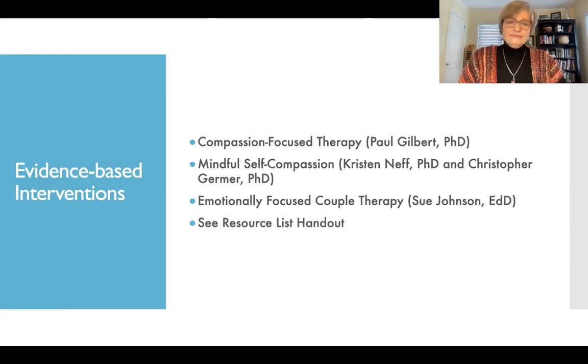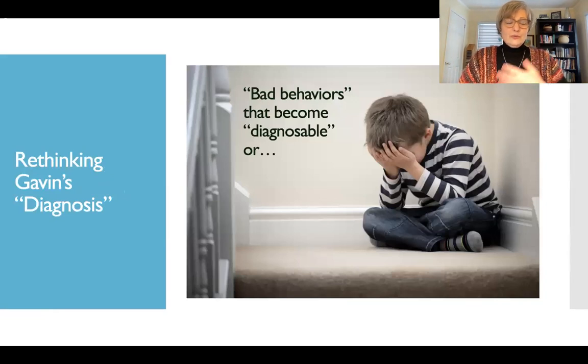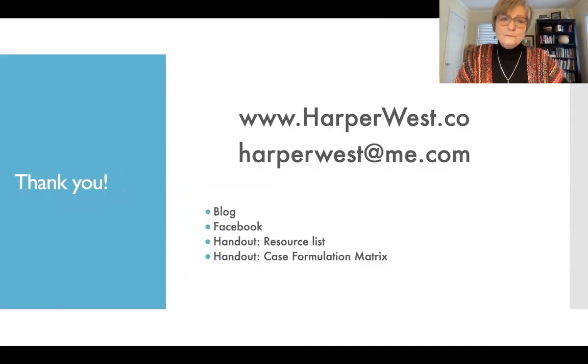So this is what we think about. I talk often about a case here with a little guy. So many people look at bad behaviors as a diagnosis, but we can rethink this. They're not bad behaviors. There's just shame intolerance here.